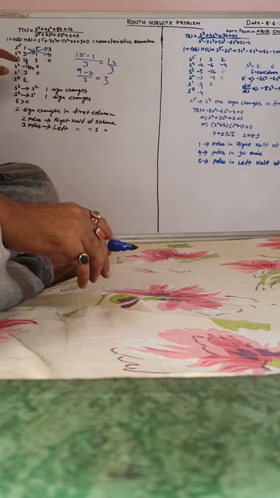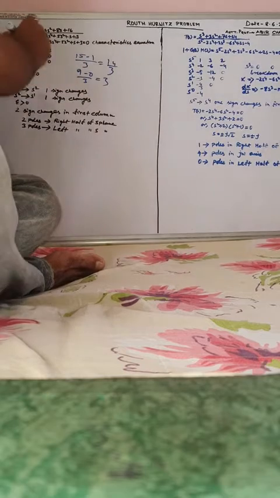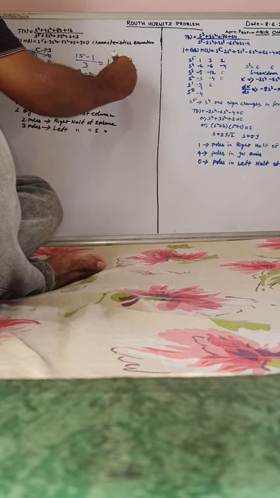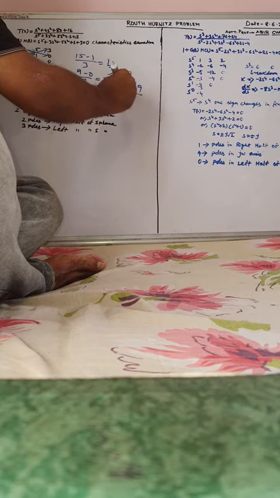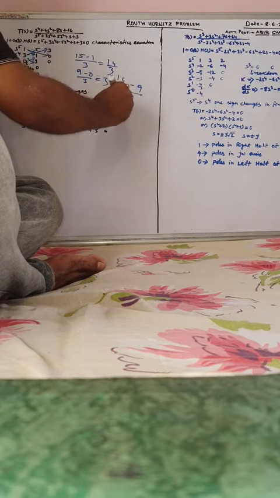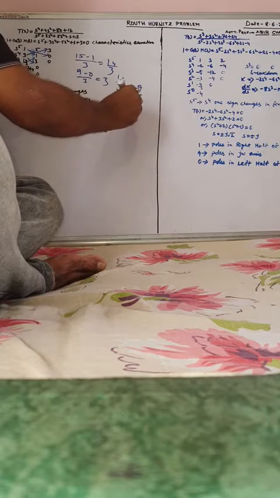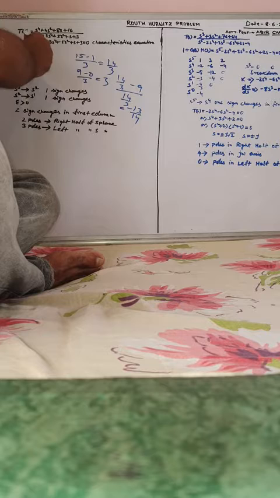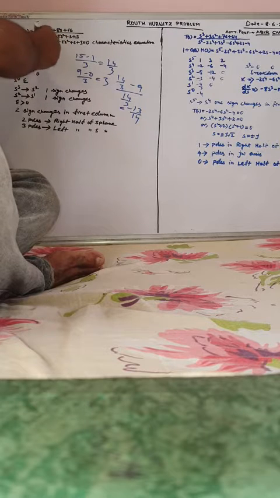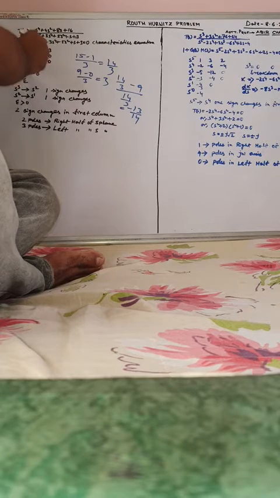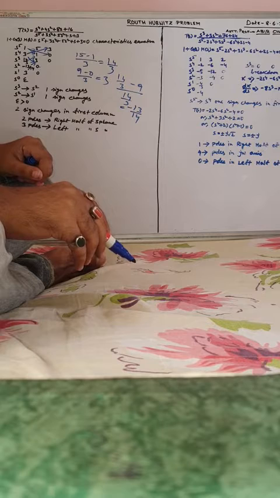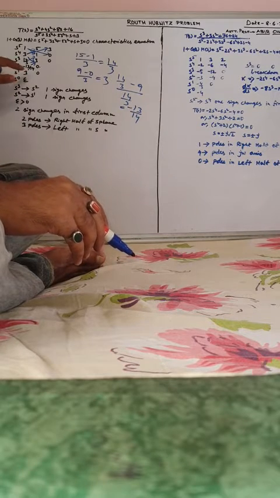Now for s^2: it is 14 by 3 into 1 minus 3 into 3, divided by 14 by 3. That is 14 by 3 minus 9, divided by 14 by 3, which is equal to minus 13 by 14. Again, this is 0: 14 by 3 into 0 minus 3 into 0, divided by 14 by 3, so this is 0. Again, it is minus 13 by 14 into 3, divided by minus 13 by 14, so it is 3.